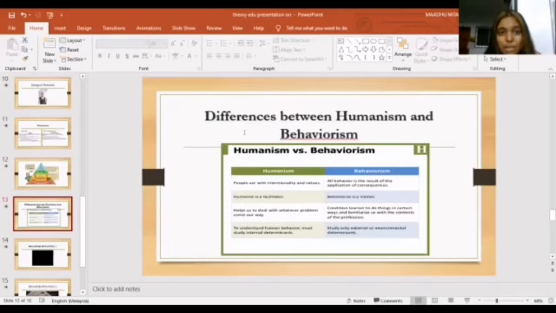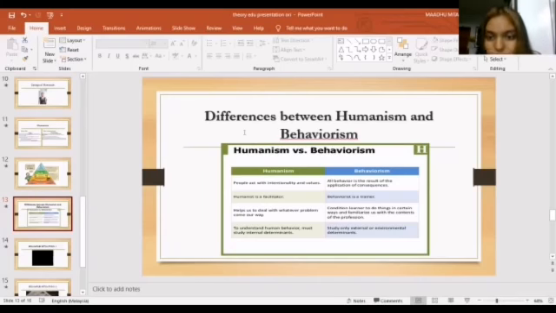I'm going to be explaining the differences between humanism and behaviorism. In humanism, people act intentionally and on values, but in behaviorism, all behavior is the result of the application of consequences. In humanism, the humanist is a facilitator. Humanism helps us to deal with whatever problems come in our way.